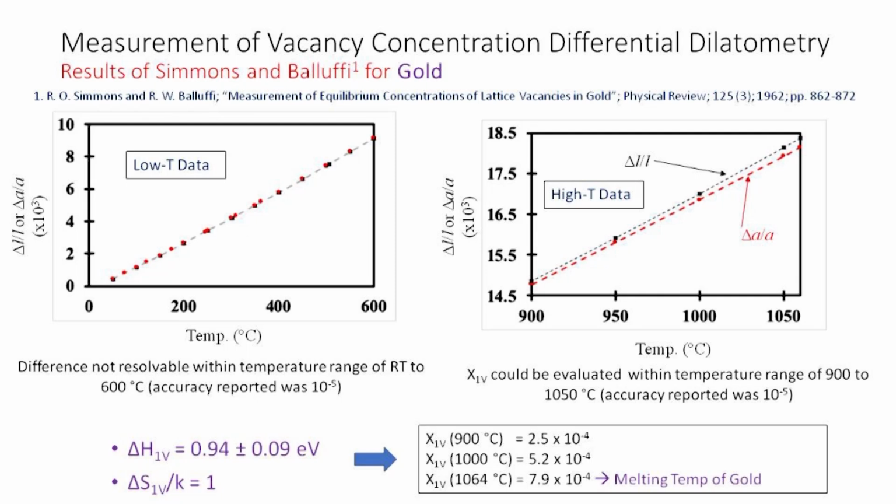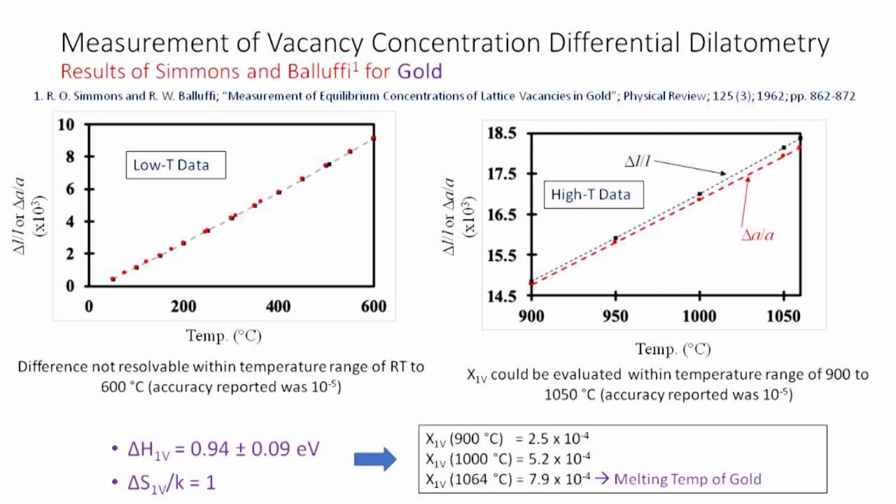and they could get the enthalpy of vacancy formation and vibrational entropy of vacancy formation, and the values they obtained were delta H1V of 0.94 electron volts and delta S1V equal to 1 kB, where kB is the Boltzmann constant.